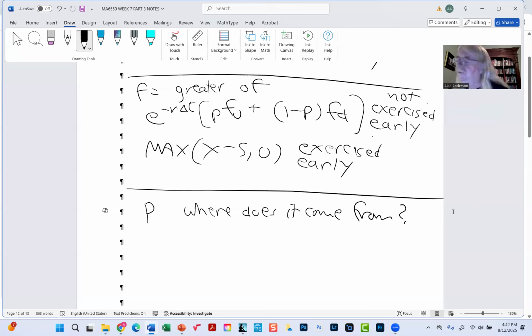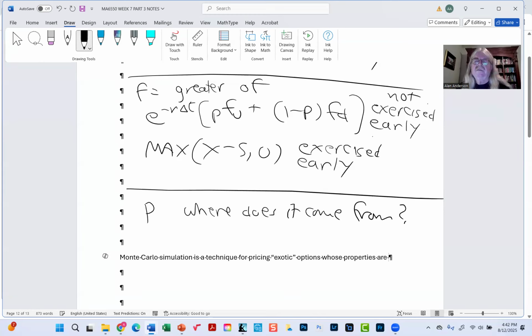Once that's done, I think we can move on to the next discussion, which is Monte Carlo simulation. It's a technique for pricing what are called exotic options, whose properties are too complicated to price with the binomial pricing model, or certainly Black-Scholes.